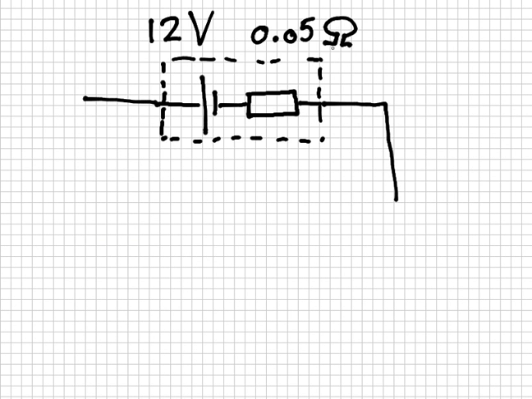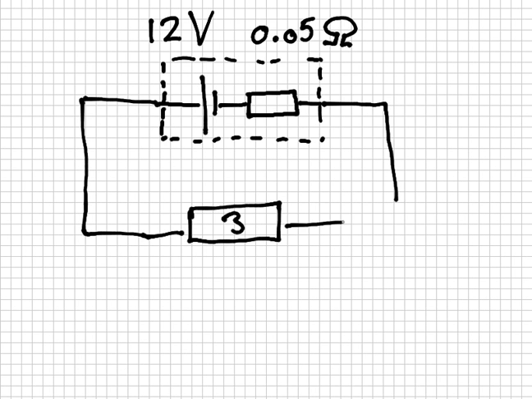The resistor is in the battery; it's the internal resistance of the battery. And it's connected to something that has a resistance of 3 ohms. This could be a light bulb or a heater or whatever.